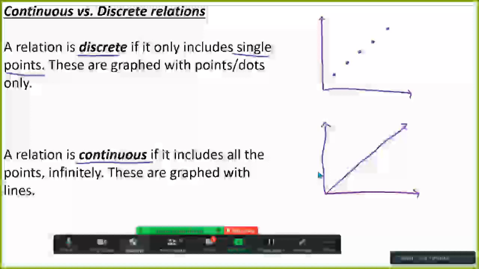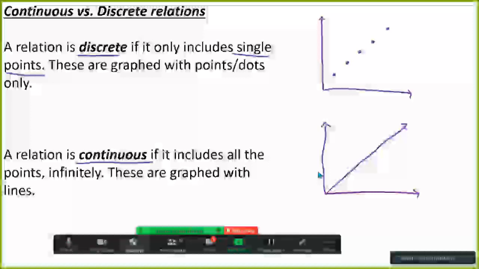Now, Brianna, working as a babysitter, we graphed it as just points, single points. But it just depends on the scenario. If she only works 1 hour at a time and nothing else, then it would be discrete for Brianna. But if she does work like 2.5 hours or 2 hours and 15 minutes, then that's continuous.